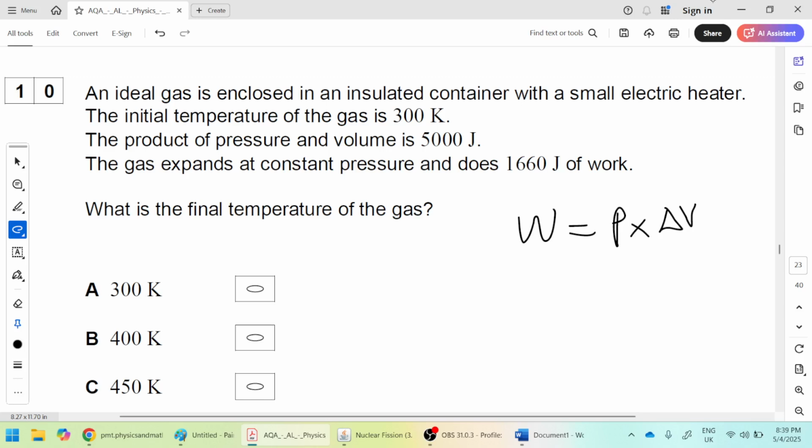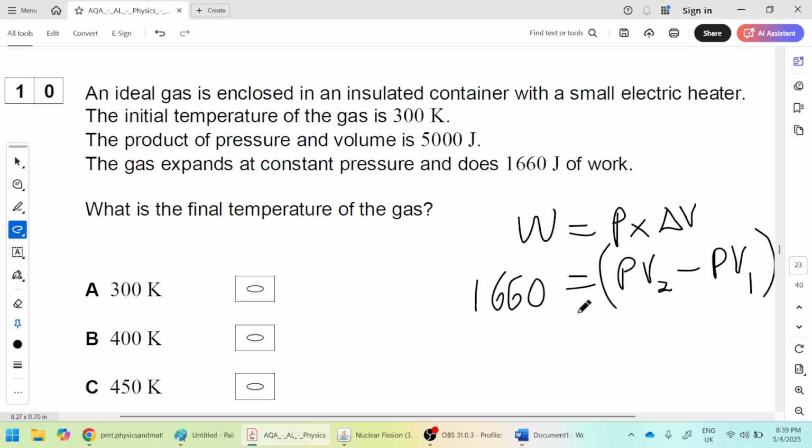So, okay, pressure and volume. Okay. So what this is telling me is this is PV2 minus PV1. This is delta V. The work done is 1660.